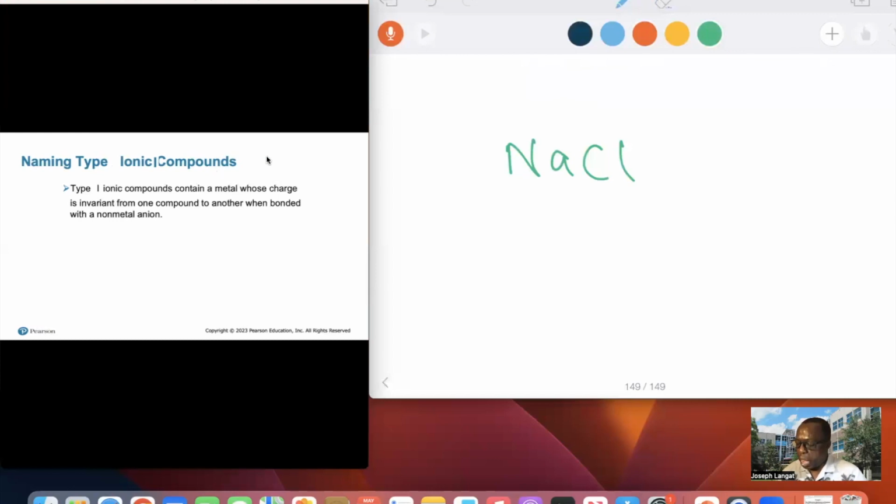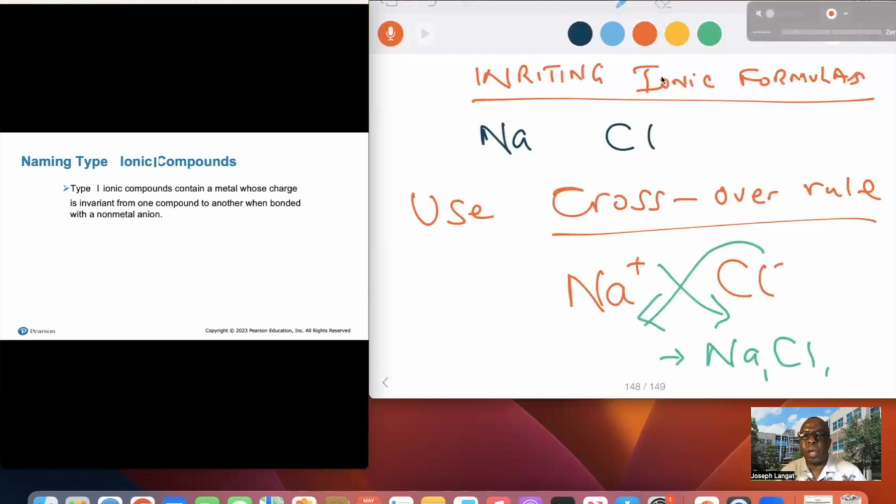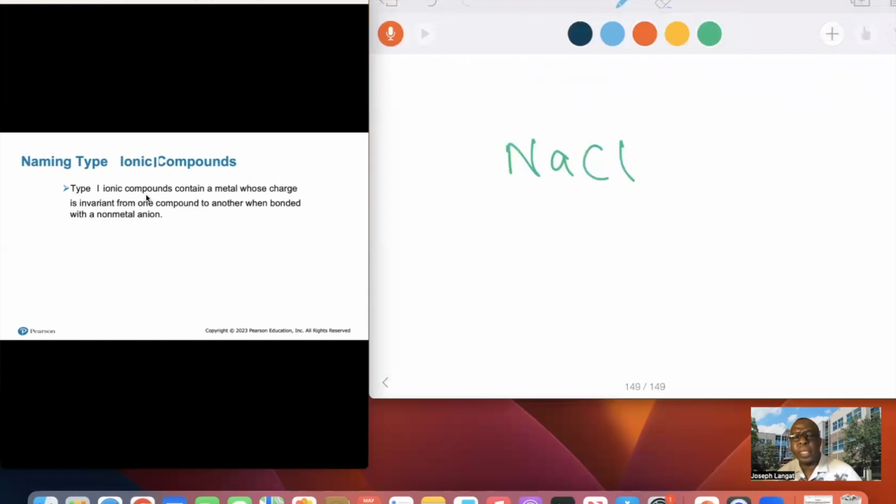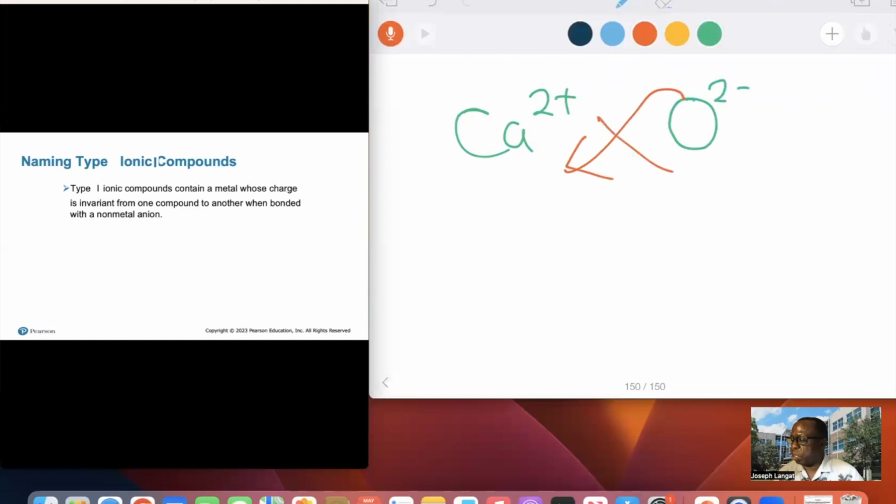What I'm doing right now is writing the correct formula for type 1 ionic compound. Type 2 is the one with multiple forms. So if I have calcium, it is in group 2, and oxygen is in group 6, negative like that. If I cross over, I'll have calcium.